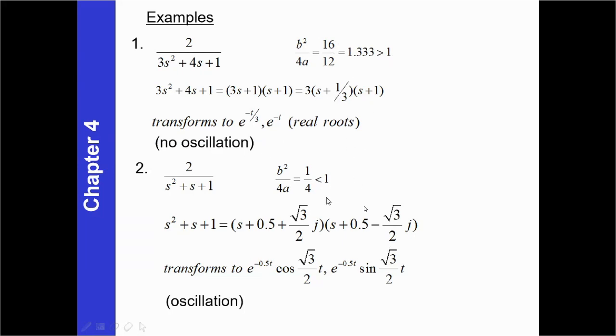But if it is less than 1, as in example number 2, then we have oscillation in terms of cosine and sine, either a cosine wave or a sine wave.